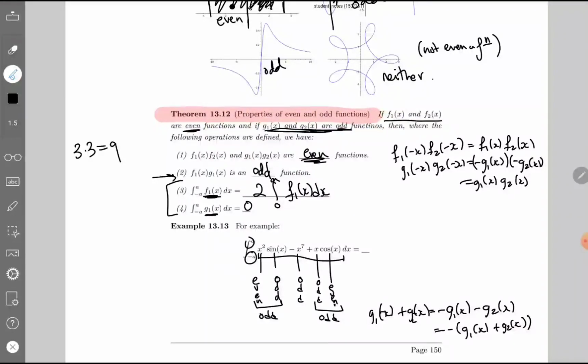So here, this basically gives me an odd function, which basically means I can use property 4. So by 4, this is just equal to 0. So instead of trying to calculate this big, long antiderivative, we could just solve this and we'll be done. Or we can just notice how this is even and odd and notice that, okay, that's going to be 0. That's it.